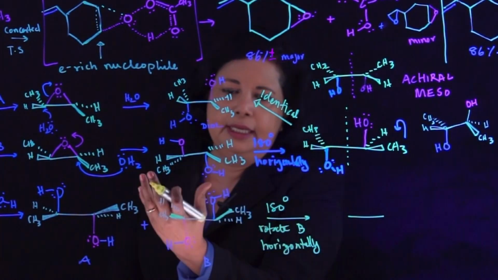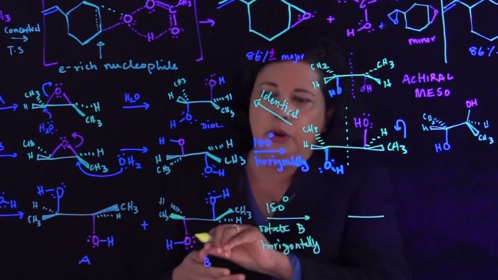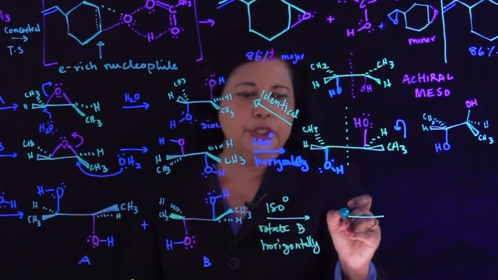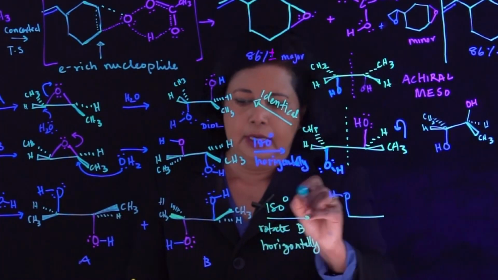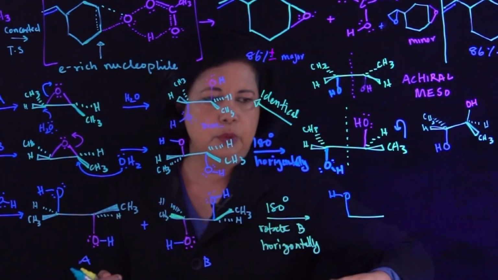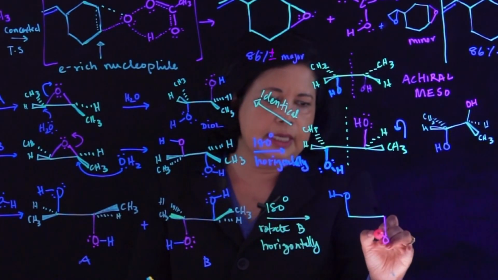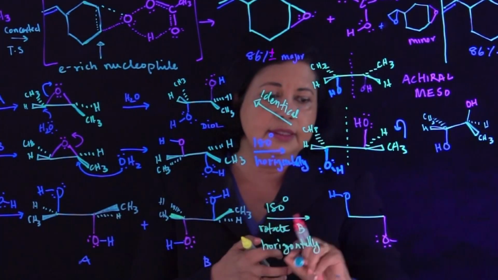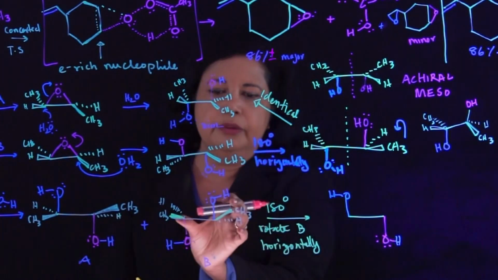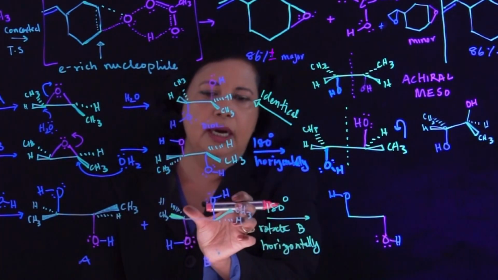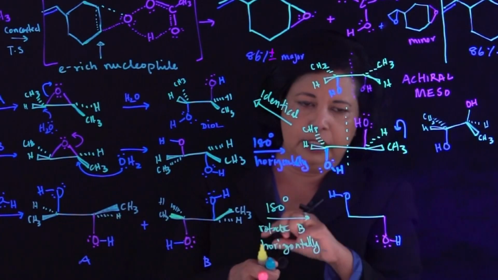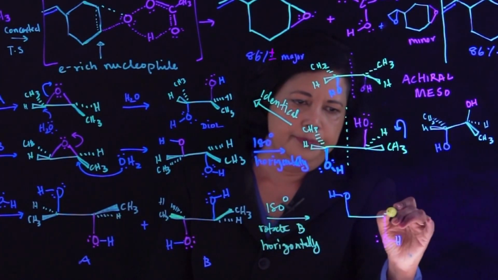When you do that, this is going to have your OH, the blue OH coming onto here, and the pink OH, which is the one that came from the original epoxide, the way we've drawn it, coming down. And the methyl groups that are on a wedge are going to be now on a dash because we flipped them.